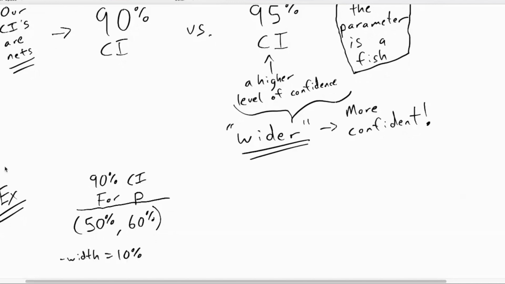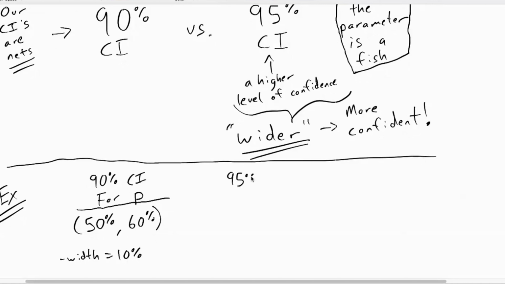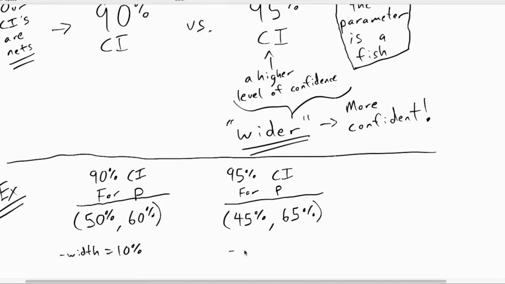But if you were going to do a 95% confidence interval, you still put p hat in the middle. So it's not that a 95% confidence interval is higher, it's just wider. So you might see something like this. Instead of from 50 to 60%, you might see from 45% to 65%. So basically, as your confidence level goes up, the width of your interval goes up.